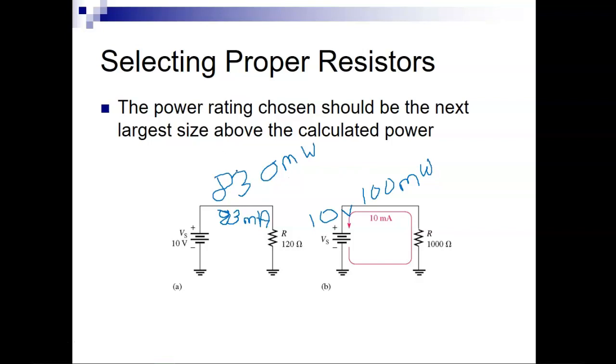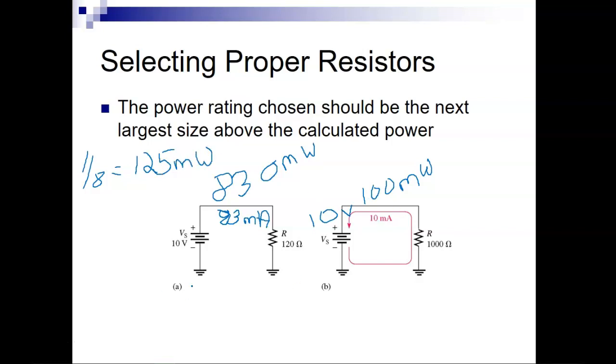Now the smallest resistors only come as, let's say, 1/8 of a watt. What does that translate to? Should translate to 125 milliwatts.